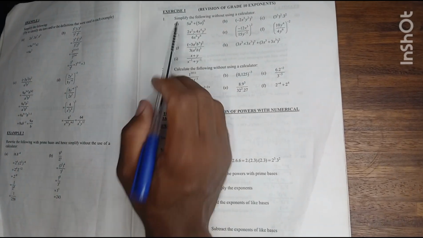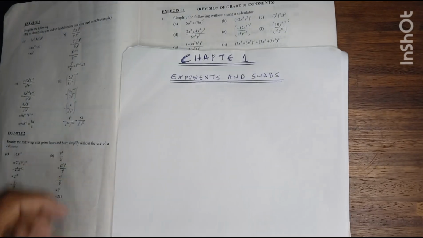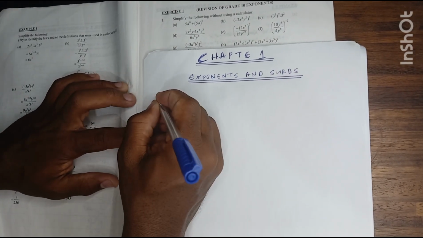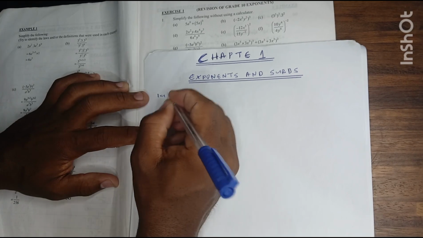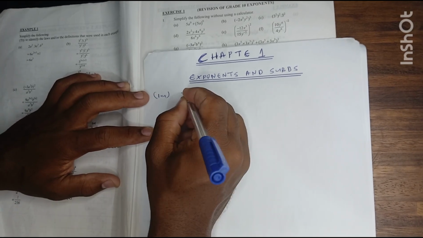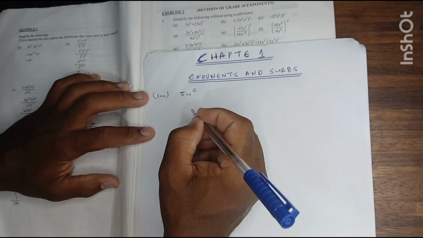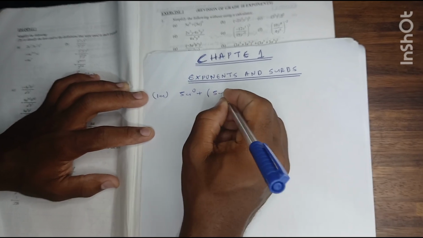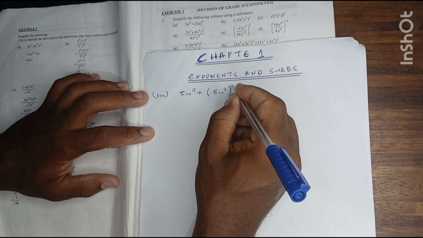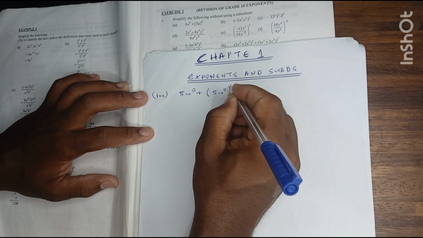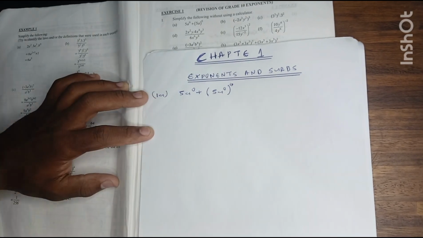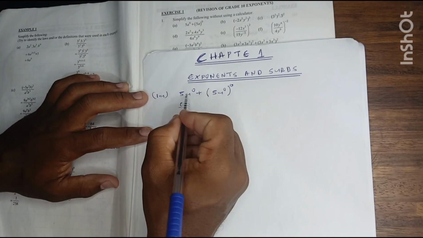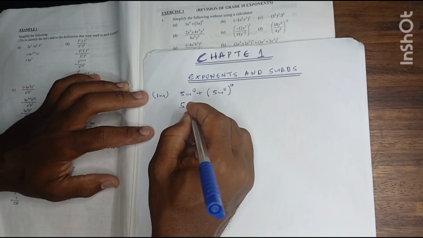Let's do 1a. It's 5 to the power of 0 plus open bracket 5 to the power of 0 close bracket to the exponent 0. Like we said before, anything to the power of 0 is 1.